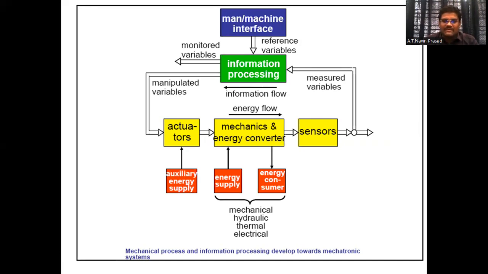The input will be monitored, and these variables will be supplied to the actuators, and the energy will be supplied from the actuators to the mechanics. The energy supplied from the actuators will be converted, and the sensor will pick it up. For the energy supply and the energy consumer, it comprises mechanical, hydraulic, thermal, and electrical.